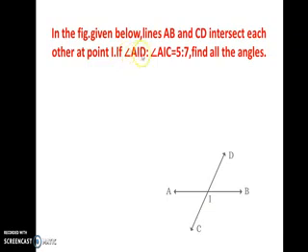If angle AID and angle AIC are in the ratio 5:7, then you have to find all the angles.